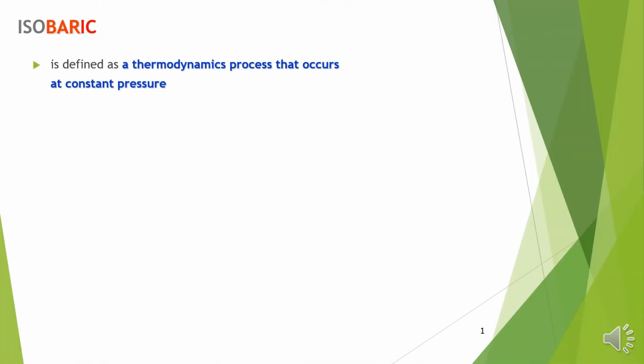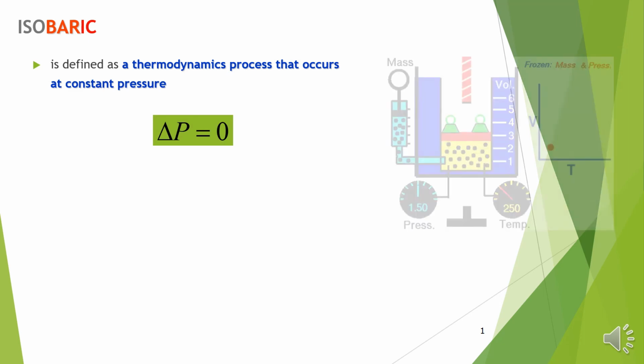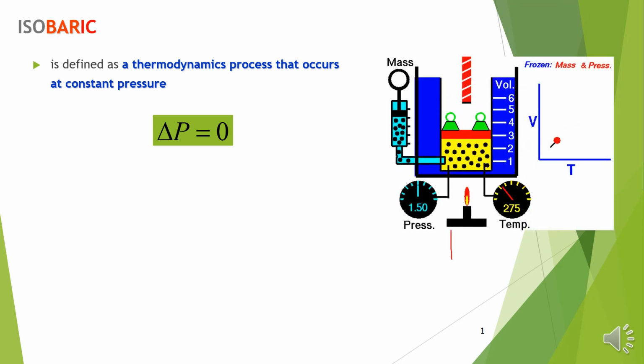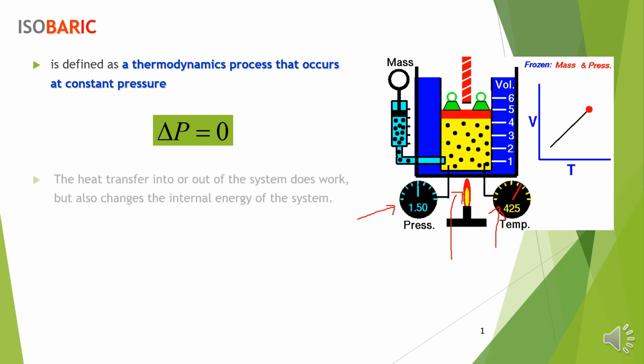Isobaric is a process that occurs at constant pressure. So, delta P is equal to 0. See the animation here. Heat is supplied. The temperature goes up and down, but the pressure remains constant even though the volume is changing.